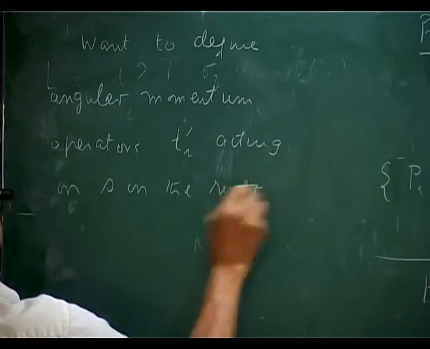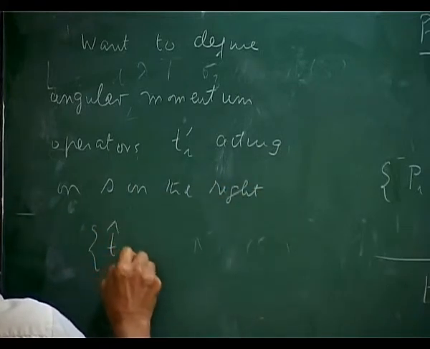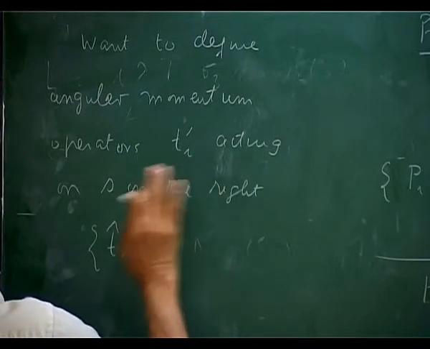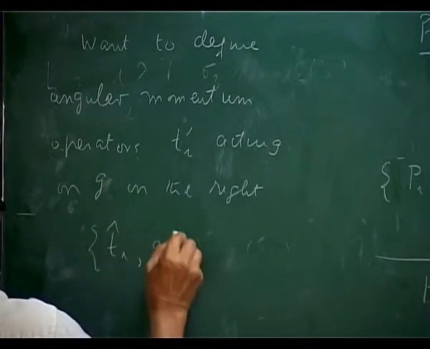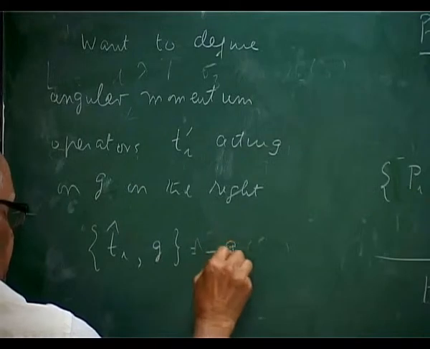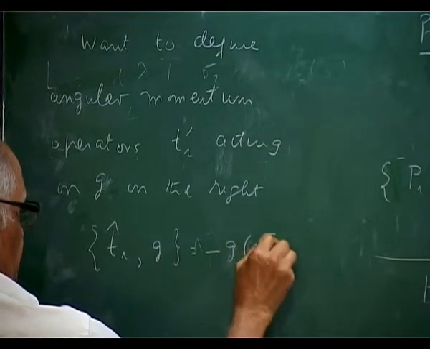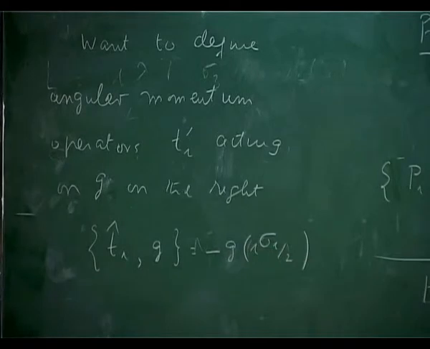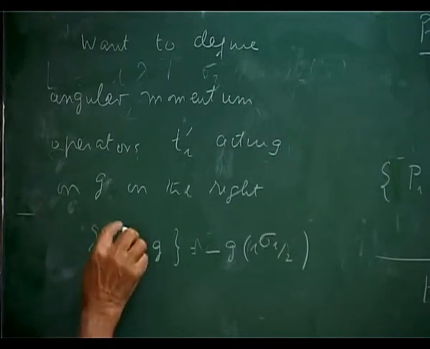I want to write the Poisson bracket of T hat i with G, operators going like G i sigma i over 2. The minus sign comes because it's acting from the wrong side. To have the correct commutation relations, you need the minus sign. Left action, right action: this is the usual difference. So I want to define these operators, T prime i.